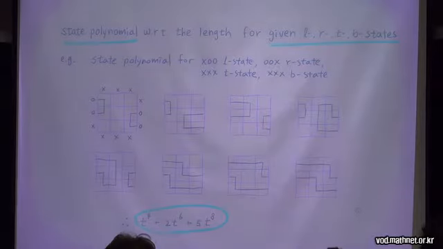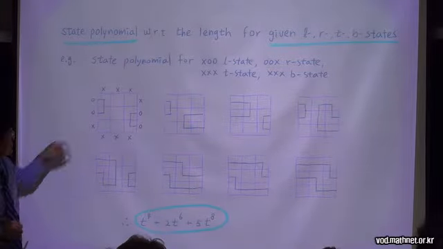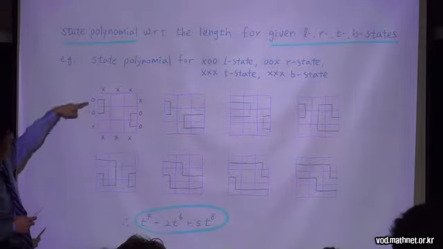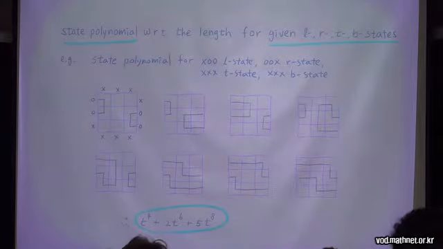And also, I will define the state polynomial with respect to the length for given L, R, T, and B states. In this case, all 4 states are fixed, right? The left state is like XOO, and the bottom state is like XXX. After the 4 states are fixed, we can define the state polynomial like that.